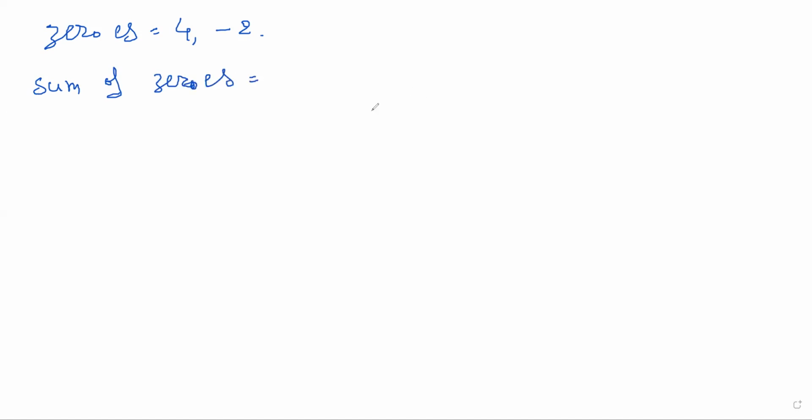What is the relation? Already we have discussed it, children. That is minus b by a. What is minus b by a? I'll write the given polynomial x square minus 2x minus 8. What is minus b here?